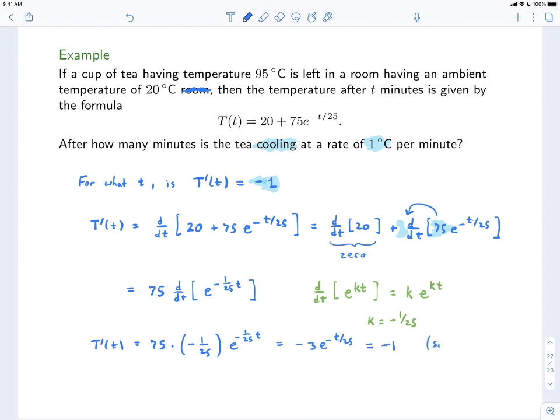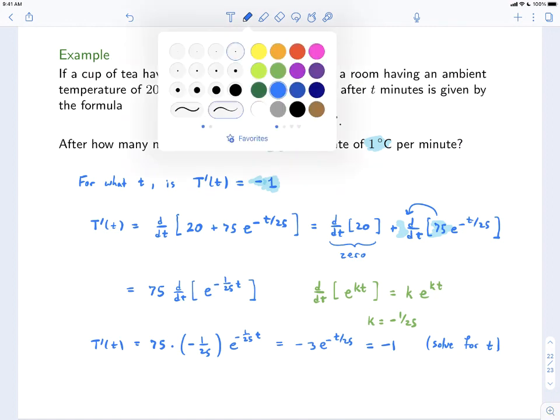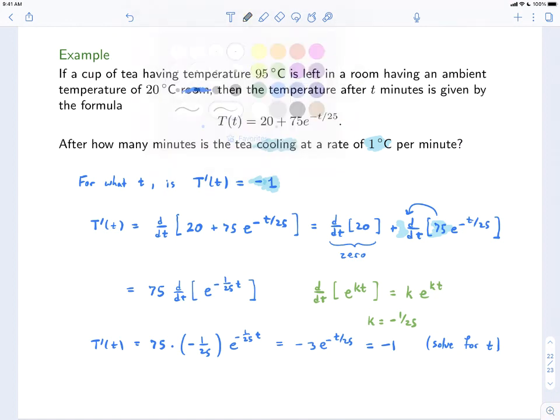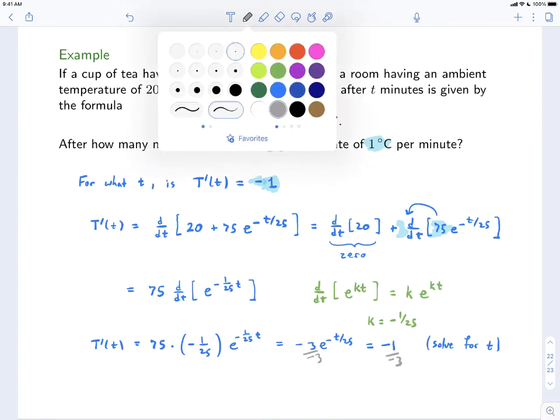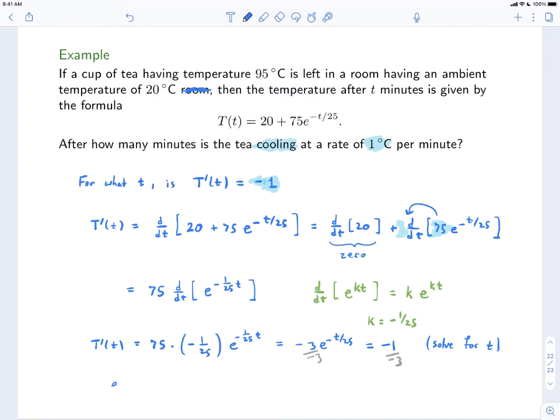So now we just solve for t. The first thing to do is to divide by negative 3. So we're just going to divide by negative 3 here and negative 3 here. So that means we'll have e to the negative t over 25 is equal to positive 1/3.